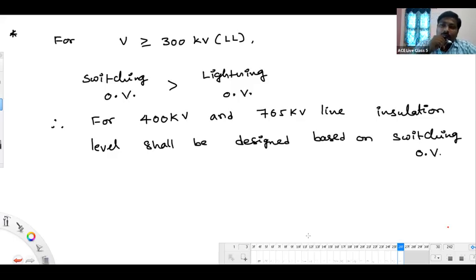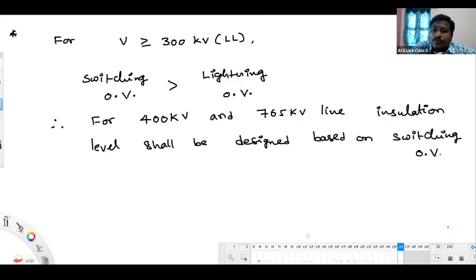Particularly for 11 kV, 33, 66, maybe 130 kV, tower height may not be too high. In that case, it may not be required to consider lightning over voltages in their insulation level selection.